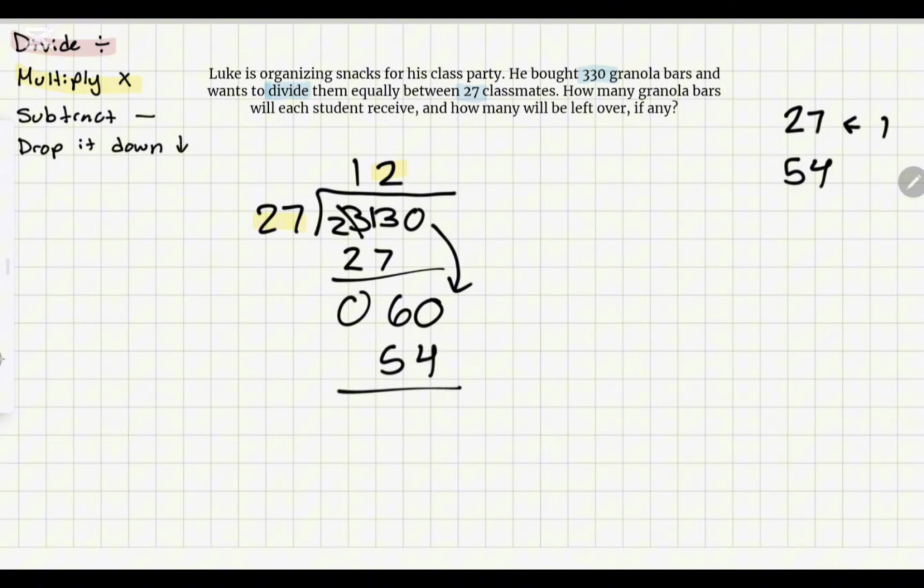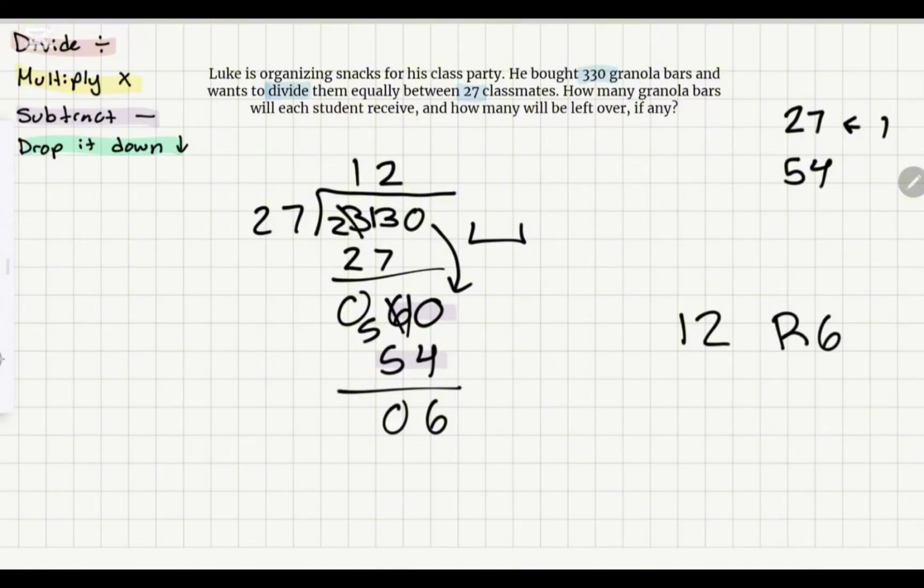And then we have to subtract. So I am going to subtract 60 and 54, which will give me 6. And then we would drop it down, but obviously we have no more numbers left to drop down, so we're done. So this is like saying our answer is 12 with a remainder of 6.